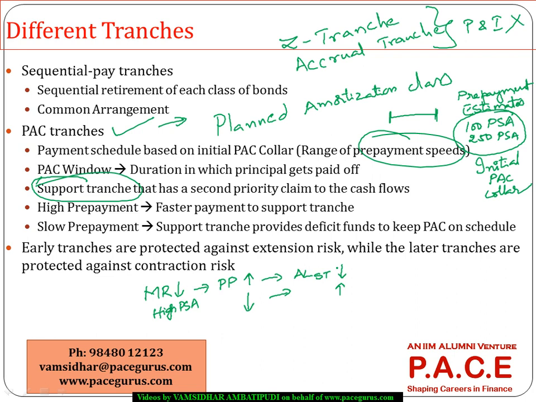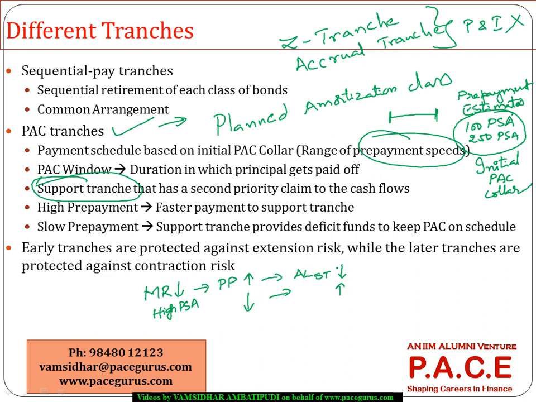But the parties receiving more cash flows at a later date are exposed more to extension risk, because they don't get paid initially, and if interest rates are rising, they cannot take advantage of that rising interest rate. So all the early tranches will be exposed to contraction risk, whereas all the late tranches are exposed more to extension risk.